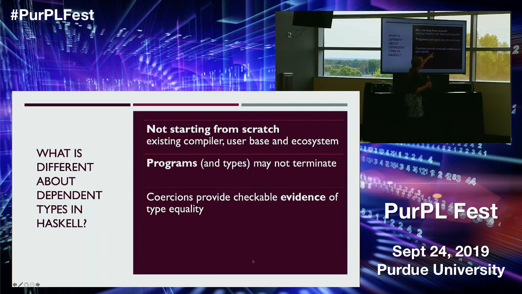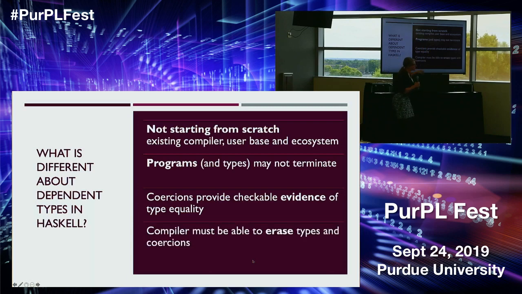Instead, if they happen to reduce to a common form, we can provide some evidence of what that reduction looks like, and we can check that evidence. So at the core level, we're guaranteed to have decidable type checking, even if some source Haskell programmers are willing to turn off termination checking for types.